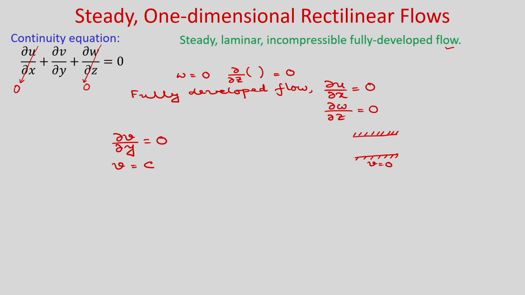So, if v is 0 at the plate and let us say y is measured from here, obviously if v is 0 at the plates, then integration constant will be 0 and v will be 0 everywhere inside the flow domain.